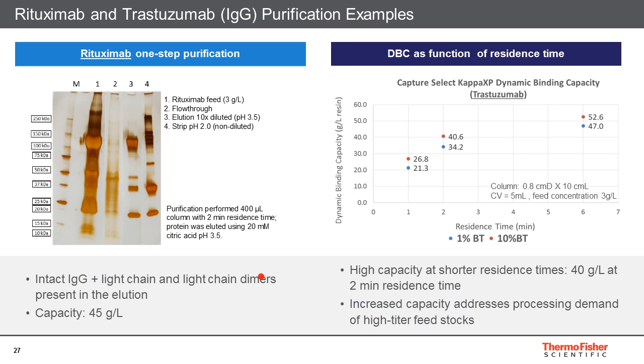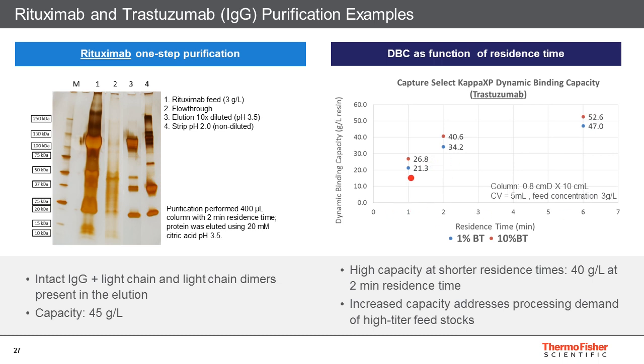Another example of Kappa XP data, but now for rituximab, you can see a nice purification for rituximab. It will pick up free light chains, Kappa XP, but it's got a very, very high capacity of around 50 grams per liter. Again, as also demonstrated here by another monoclonal biosimilar, where you can see the capacity against residence time.